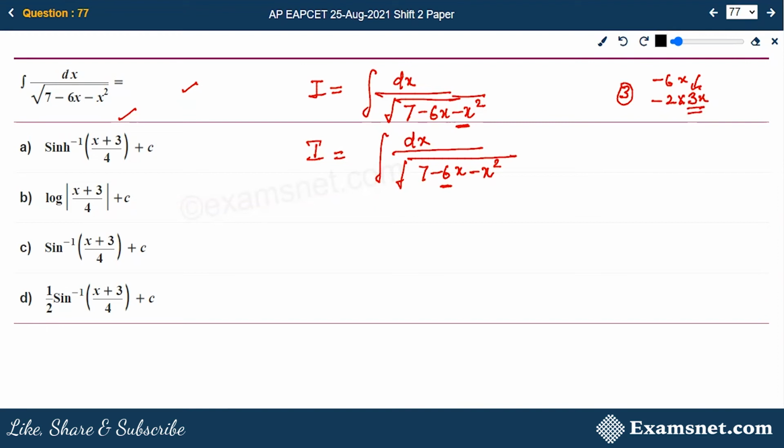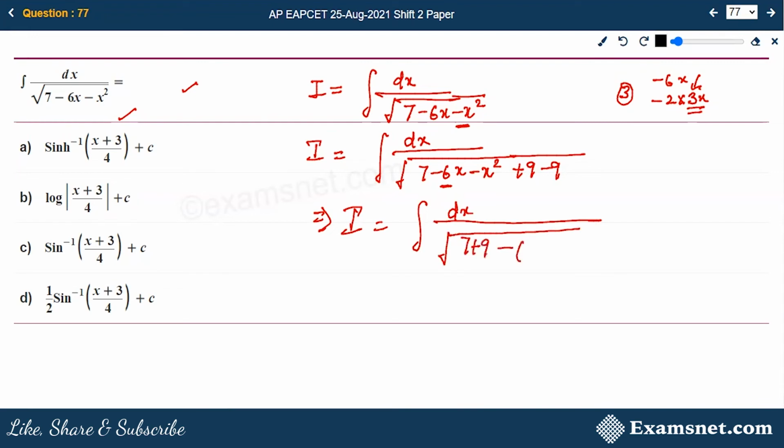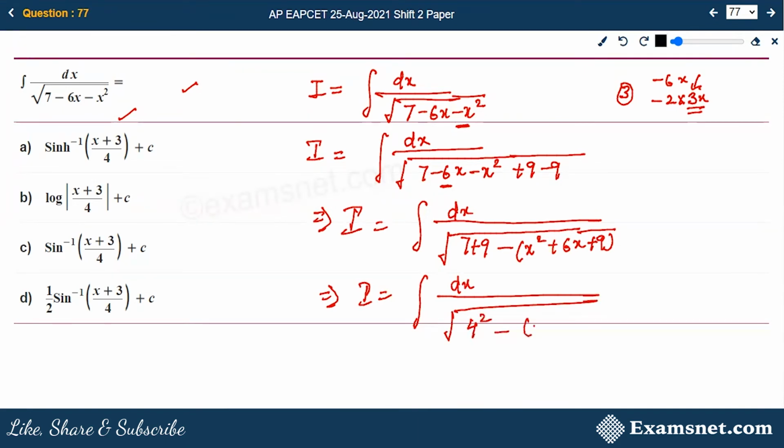I'll be adding the square of 3 and also subtracting it at the same time. So this will become I is equal to integral dx divided by 7 plus 9 minus x square plus 6x plus 9. This will make it I is equal to dx upon 7 plus 9, 16, which is square of 4, minus x plus 3 whole square.